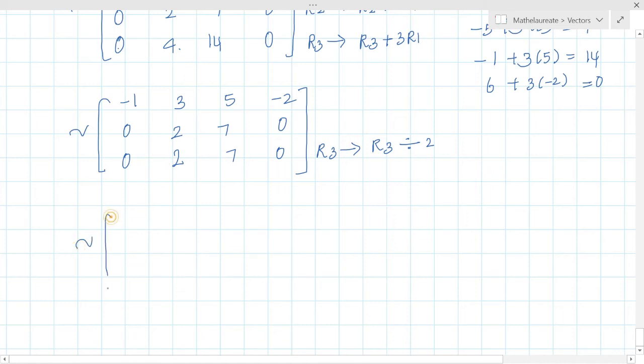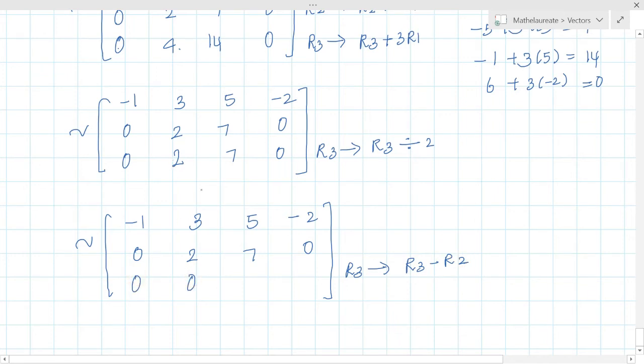We'll write the first and second rows as they are: minus 1, 3, 5, minus 2, and 0, 2, 7, 0. Now new R3 is R3 minus R2. If you do R3 minus R2, this becomes 0. 2 minus 2 becomes 0. We are trying to make this term 0.